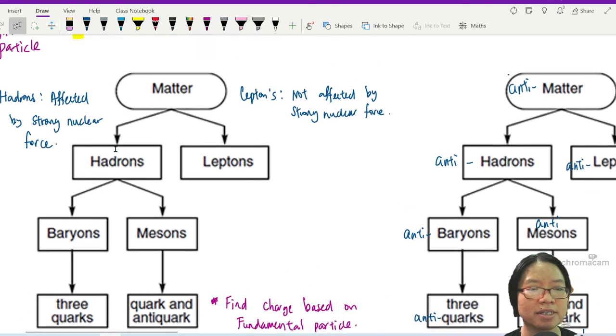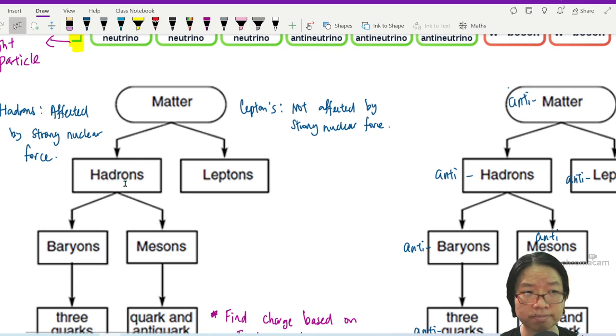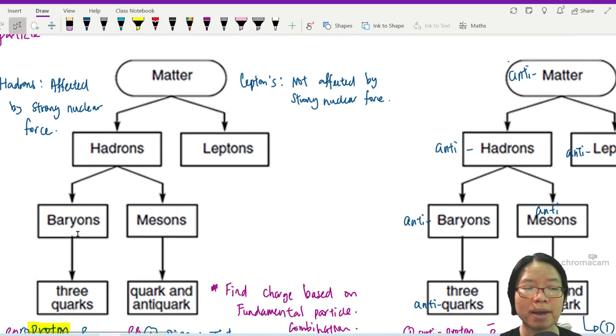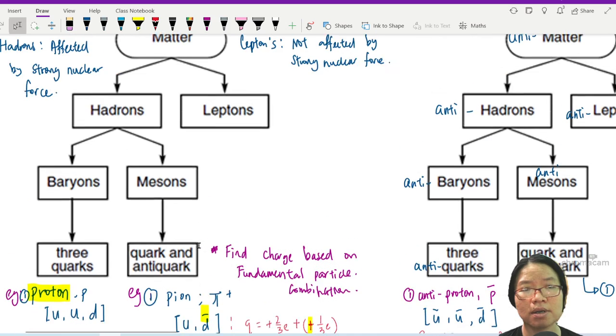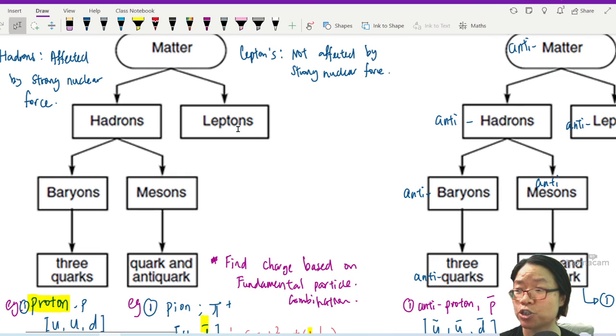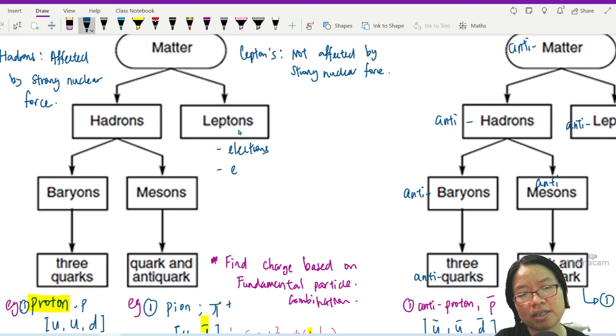Okay. So the main classification branch would be hadron. Hadron consists of baryons and mesons. Baryons are things that have 3 quarks. Mesons are things that have 1 quark and 1 antiquark. Leptons are electrons and neutrinos.